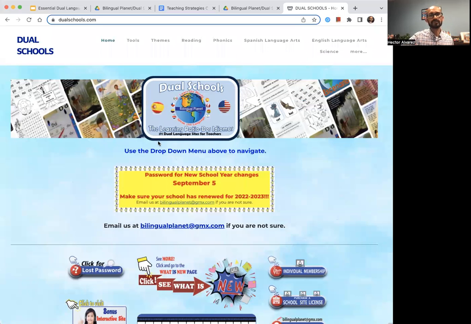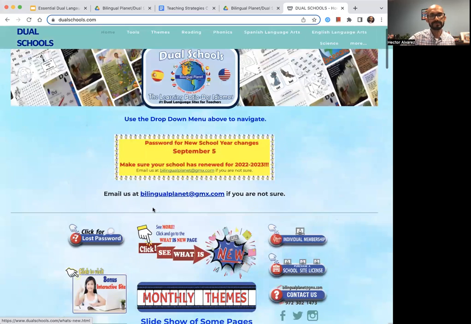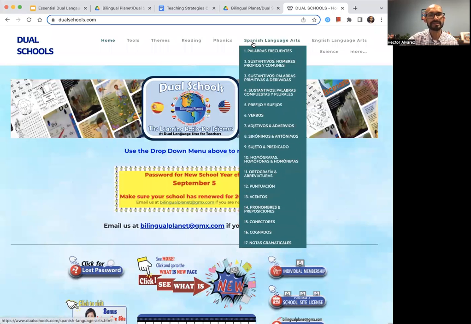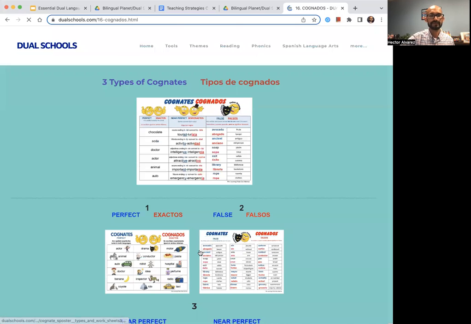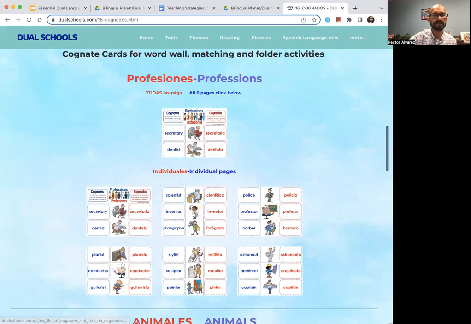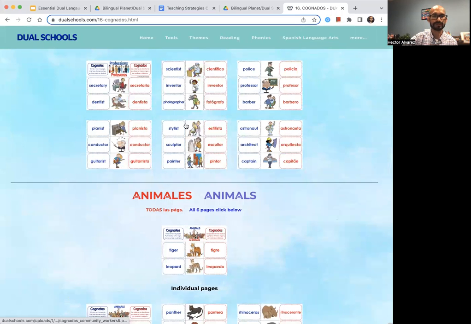When you go to this website, you will have different activities that you will be able to use. For the cognates, what you do, you'll go here where it says Spanish language arts, and you go all the way down where it says cognados. These are the cognates that you will see, and we have the cognates with even some pictures.